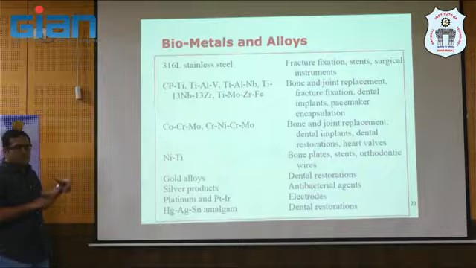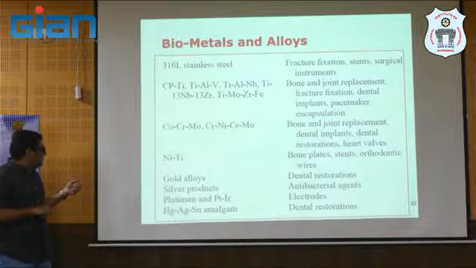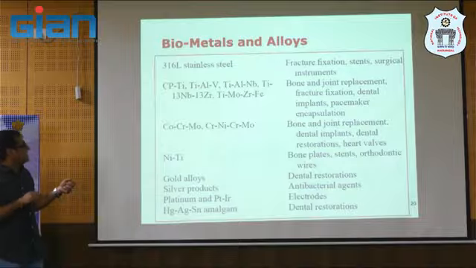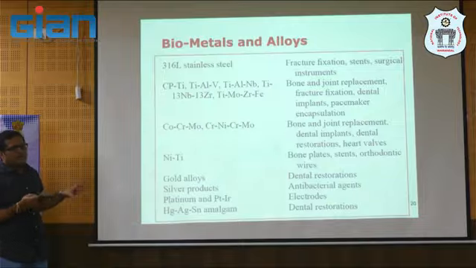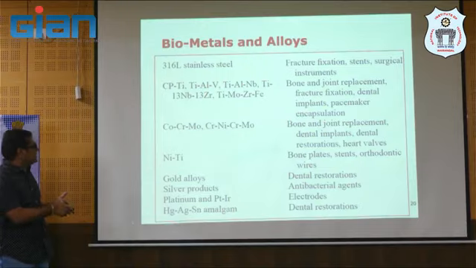And you have cobalt chrome alloys, nickel titanium, gold, silver, platinum, and amalgams for dental restorations. All these metals or metal alloys, almost everything you can 3D print or additively manufacture. So that's where we need to find what kind of process we are going to use for processing these kinds of materials.